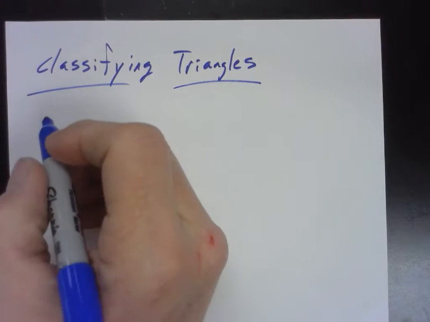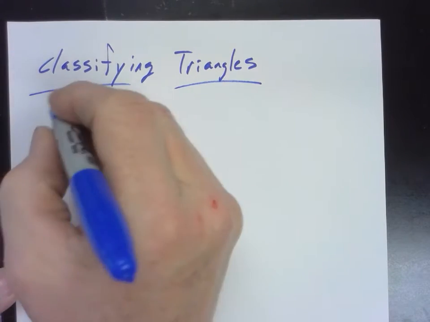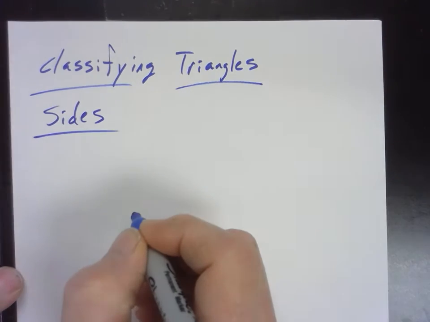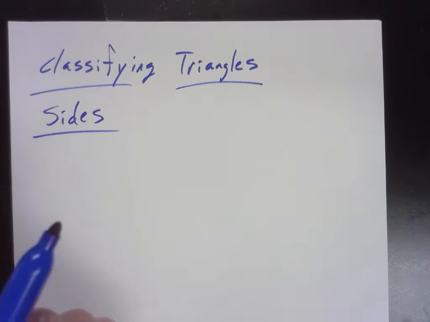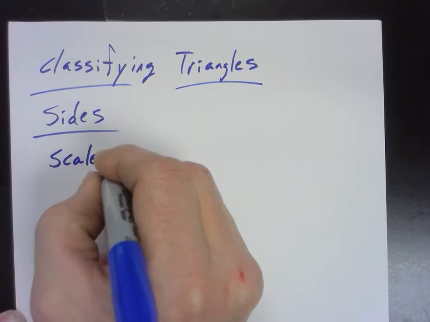So let's start off with the easy one. Let's start with the sides. Can you guys think of a way of classifying a triangle by its sides? Scalene. That's a word. What does scalene mean?